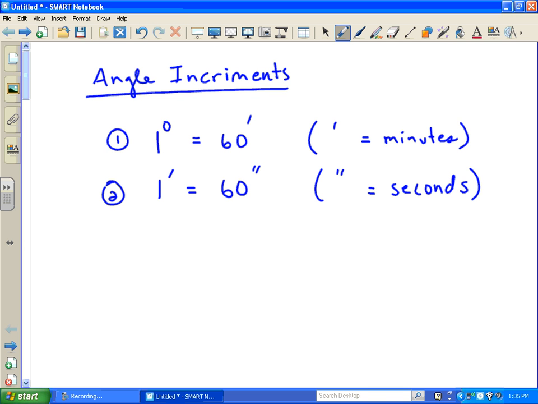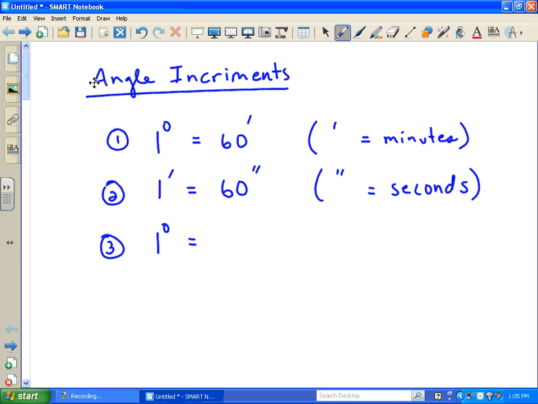Now, these two alone basically lead to at least several other conversions. Think about a third conversion: 1 degree is the larger measure, then you go to minutes, and then you go to seconds. So in 1 degree, being the larger unit, you could also convert into seconds, the smallest unit that we are talking about here.